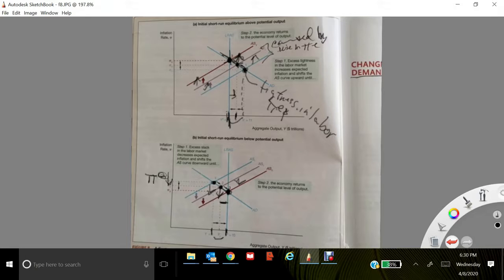There's no slack in the labor market, and we're at an equilibrium, okay? So that covers the case where we're initially at either higher or lower than potential output, okay?